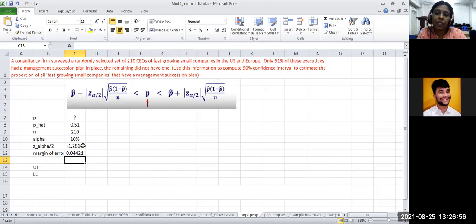Now calculate your upper limit and your lower limit. This is the lower limit, this is your upper limit. The margin of error is 0.04421. P hat is 0.51. Subtract it for the lower limit, add it for the upper limit. These values, is everyone getting them?